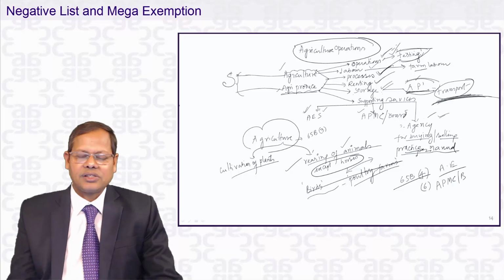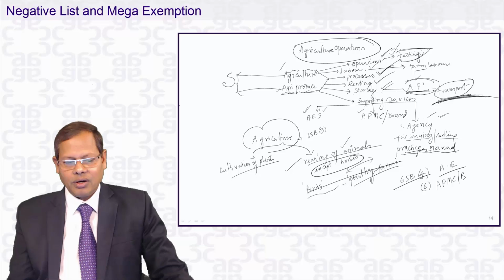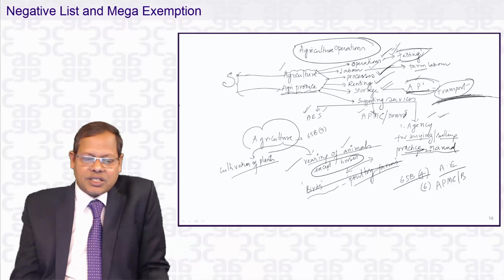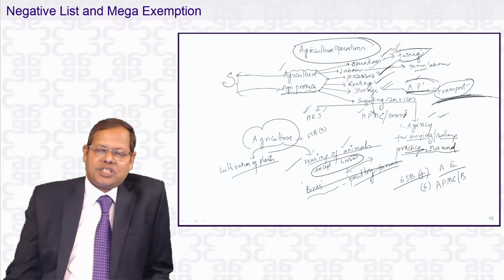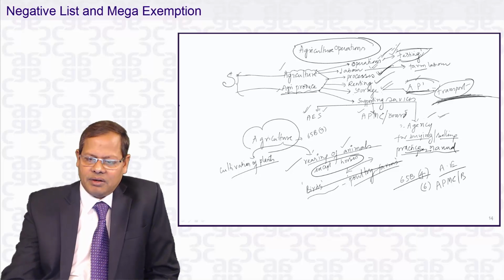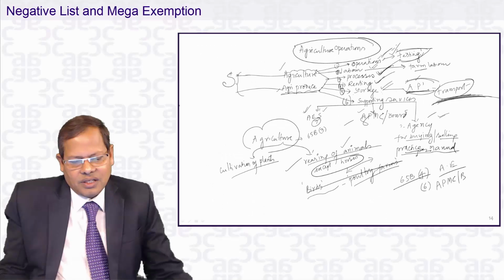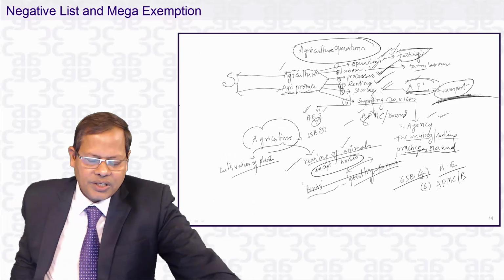This is agriculture operations. Let me remind you, let me relate. Here there is a list of operations, numbering 1, 2, 3, 4, 5, 6 and 7.